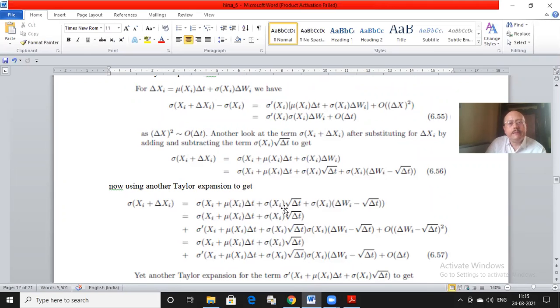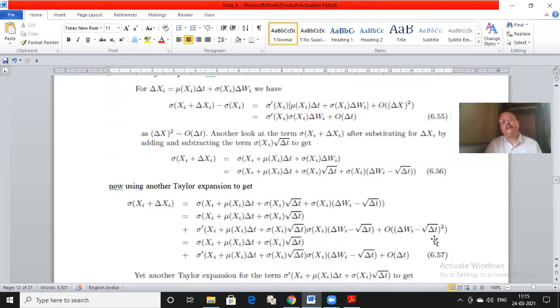Xi plus mu delta t plus sigma root delta t. This I consider as my starting point and this as my h. It's like x plus h. So I get sigma evaluated at this point plus sigma prime evaluated at this point again times sigma, then this magnitude of error, and the remainder terms are all collected in this term here, which would be the order of the next higher power.